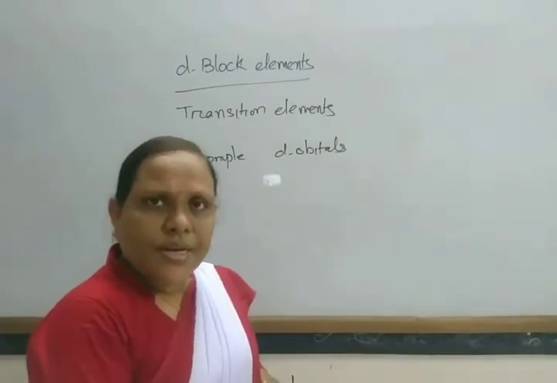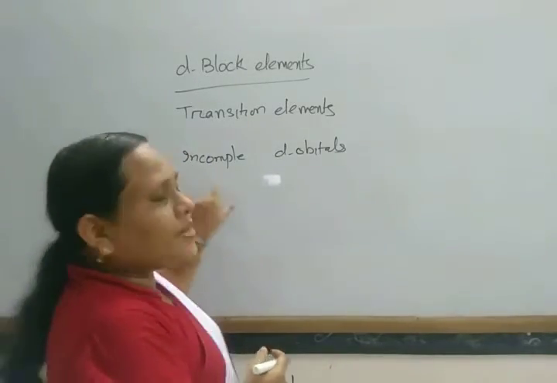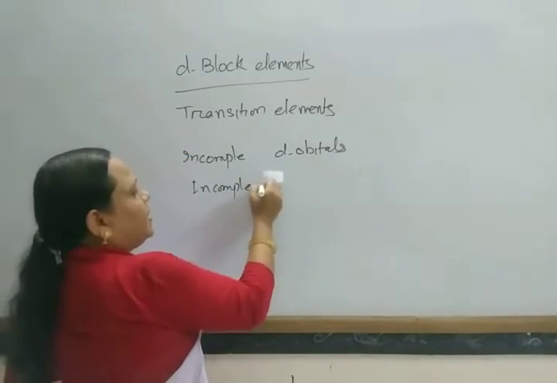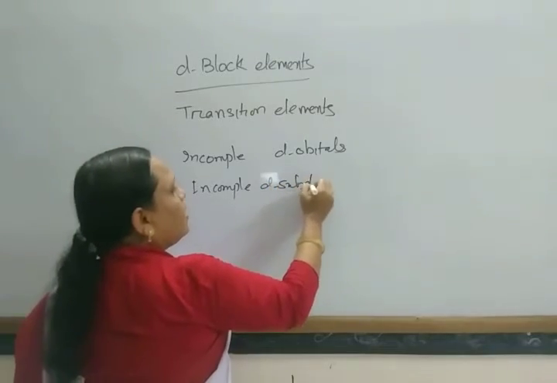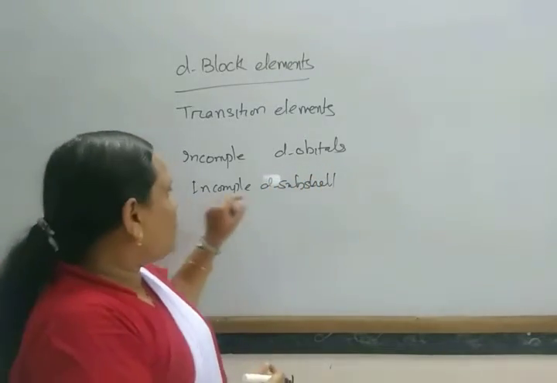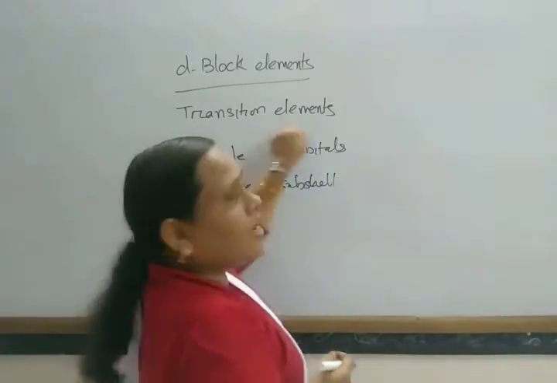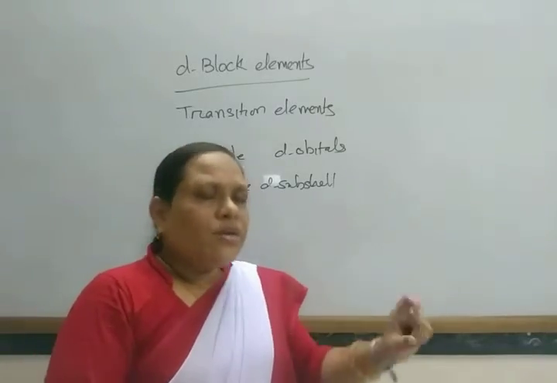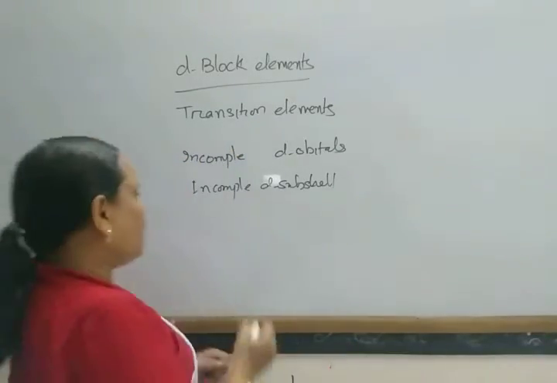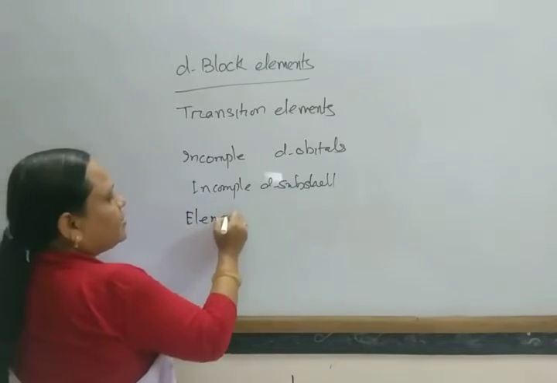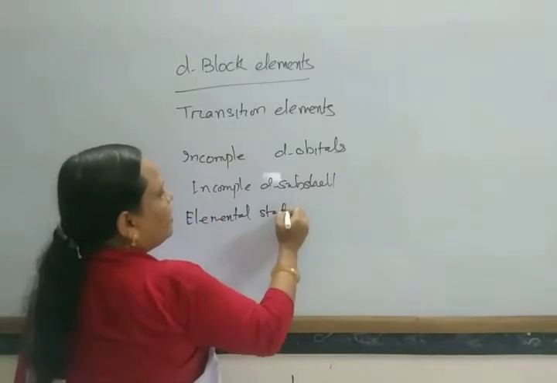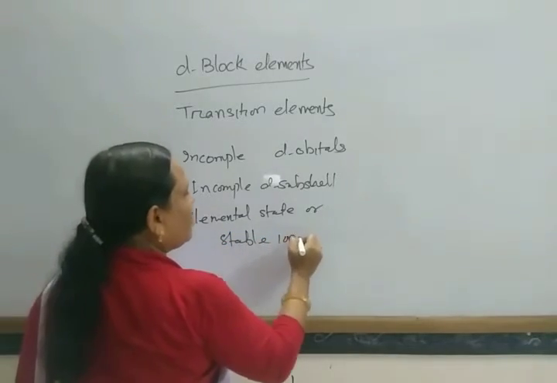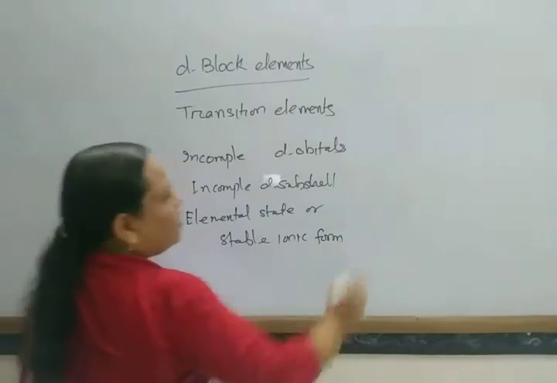So whenever we write the electronic configuration, the elements which contain an incomplete d subshell are known as transition elements, either in the elemental state or in one of their more stable, common ionic forms.